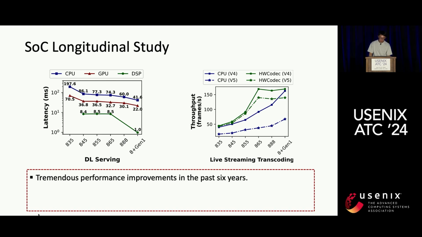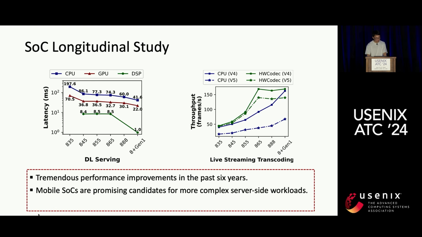The gradual performance improvement on both the SoC CPU and hardware codec not only is attributed to the hardware improvements, but can also be attributed to the Android OS upgrades. So we think the mobile SoCs are promising candidates for more complex server-side workloads in the future. But we think the most important thing is to leverage the coprocessors to fully unleash their performance.